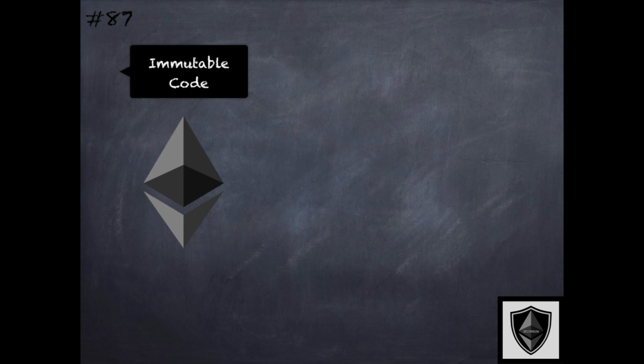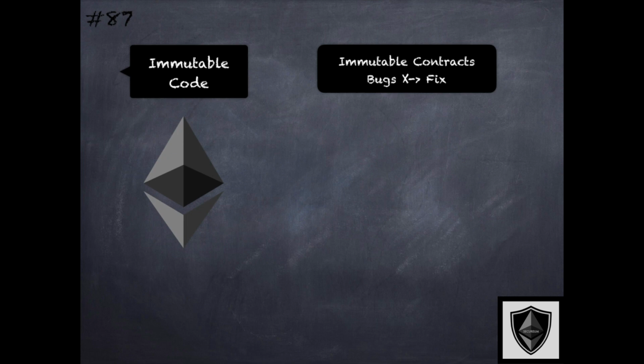Immutable code. We talked about this in the context of the blockchain being immutable because of all the blocks being linked with hashes, and the proof of work and what it requires for somebody to go back in time and change one of the blocks or any of its contents. And that really contributes to the economic security and the immutability aspect of the blockchain.